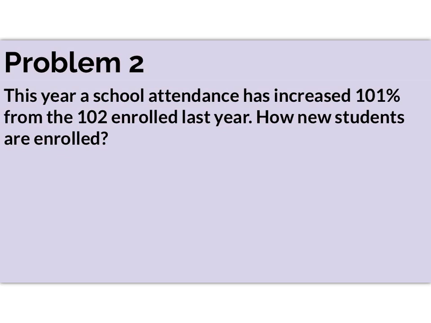Okay, a school of 102, we're looking at a 101% increase. Gives us 103.02, which is actually 103 students. You cannot have any decimal point of a student.